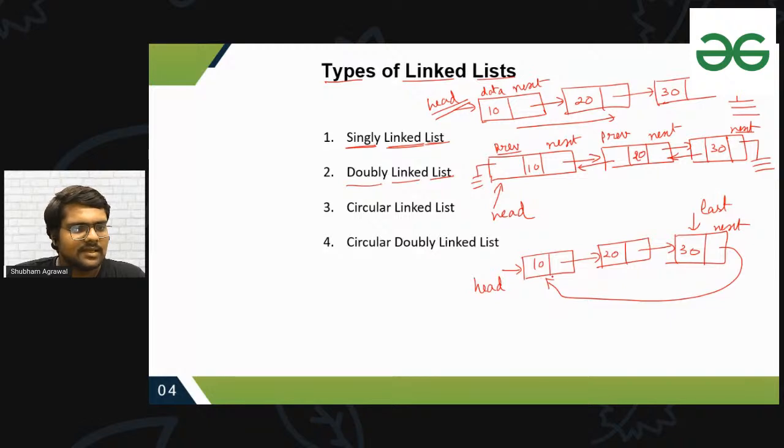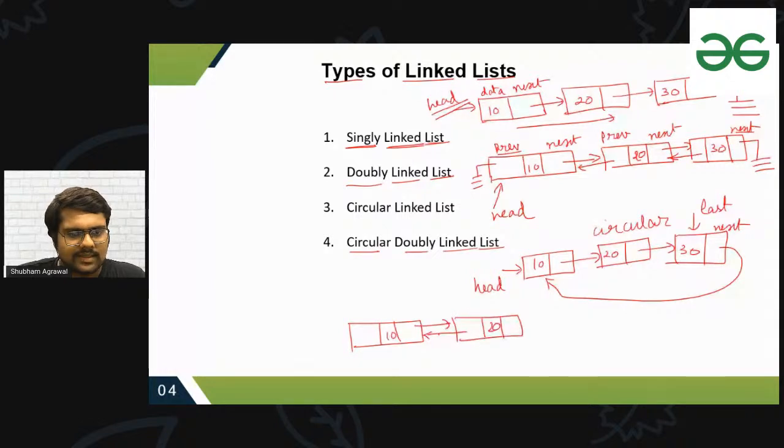Then we have the doubly circular linked list, in which we have a doubly linked list where the last node is connected to the head. The first node's next points to the second node, and its previous points to the last node. Then the next points to node 3, that is 30, and its previous points to the previous node.